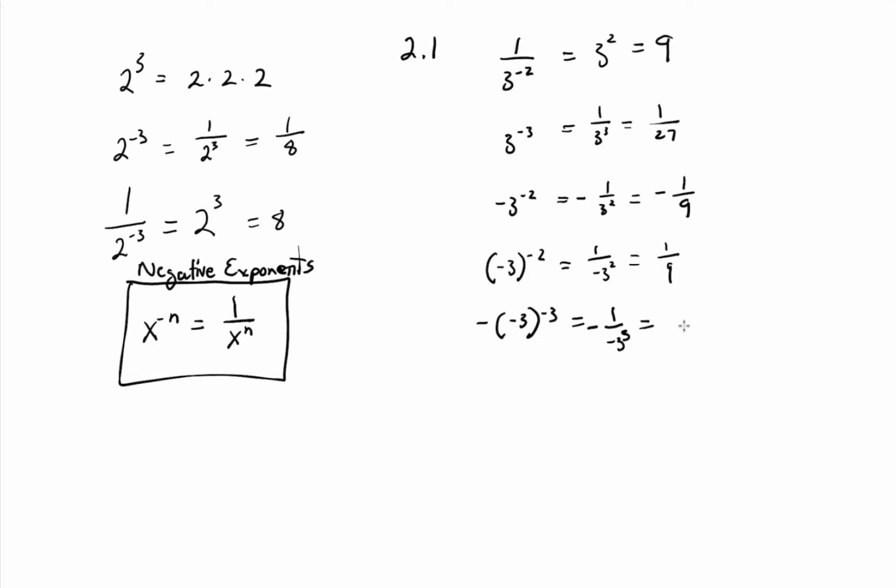Negative 3 to the third is negative 27. And when you have a negative divided by a negative, that is a positive. So the answer is a positive 1 over 27. The two negatives cancel each other out. Okay? Awesome. So now we have answered all the possibilities with negative exponents and how they're included.